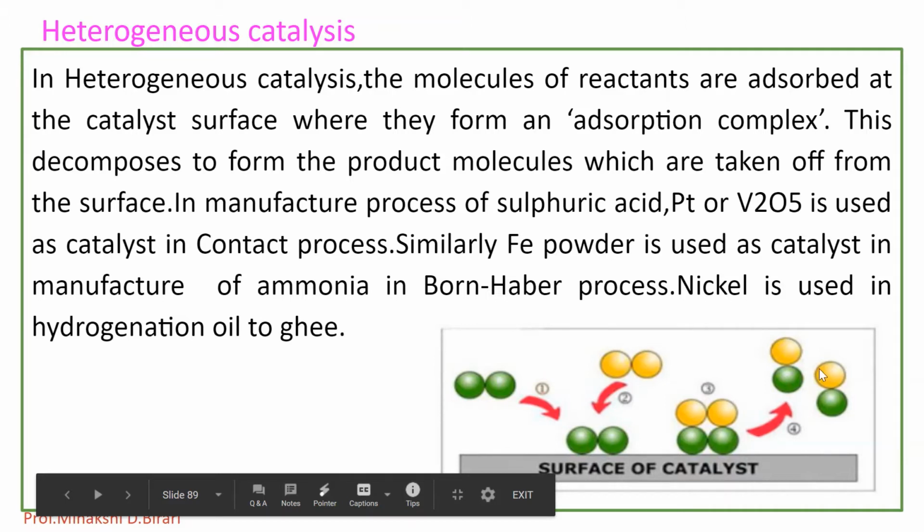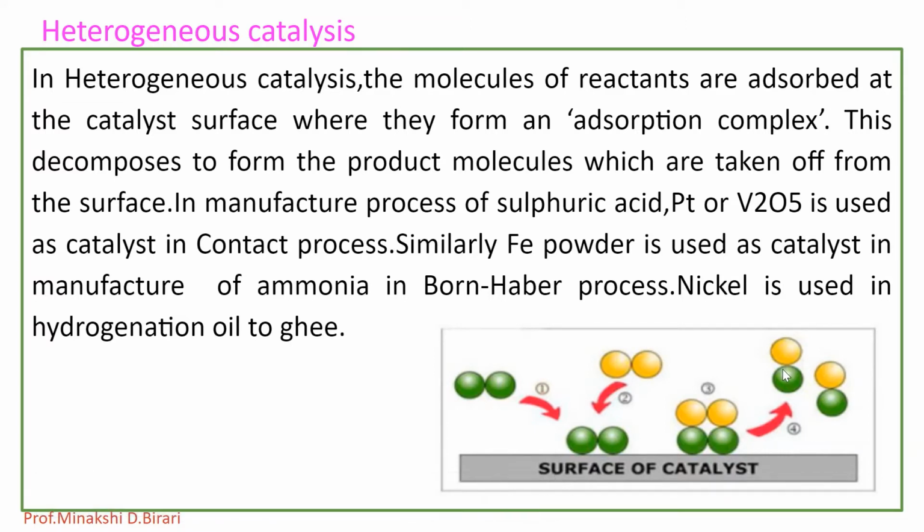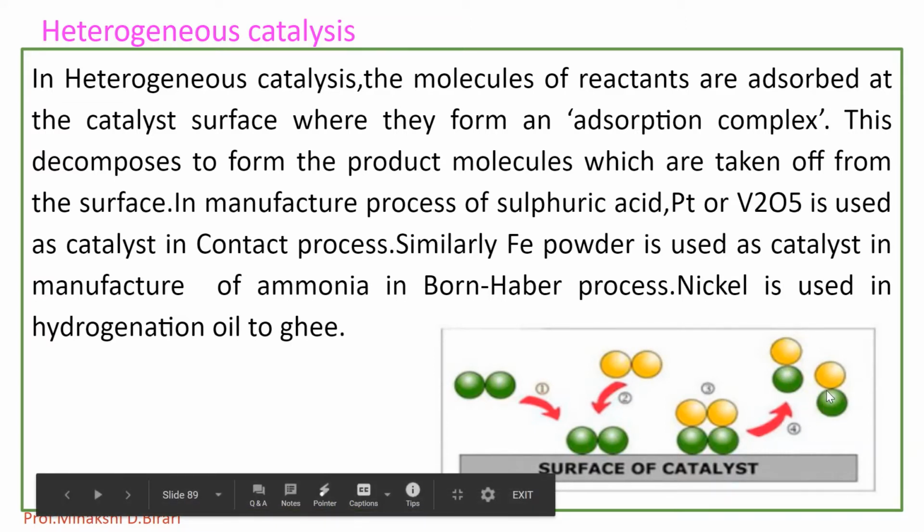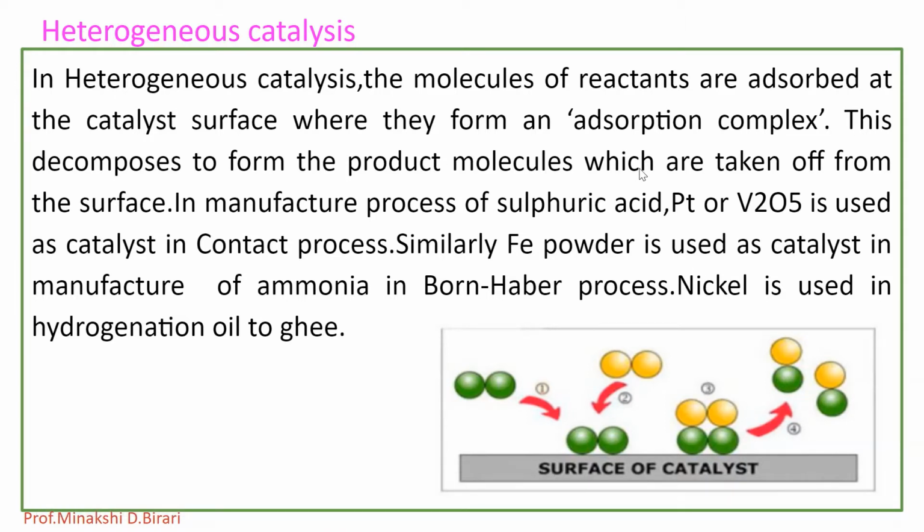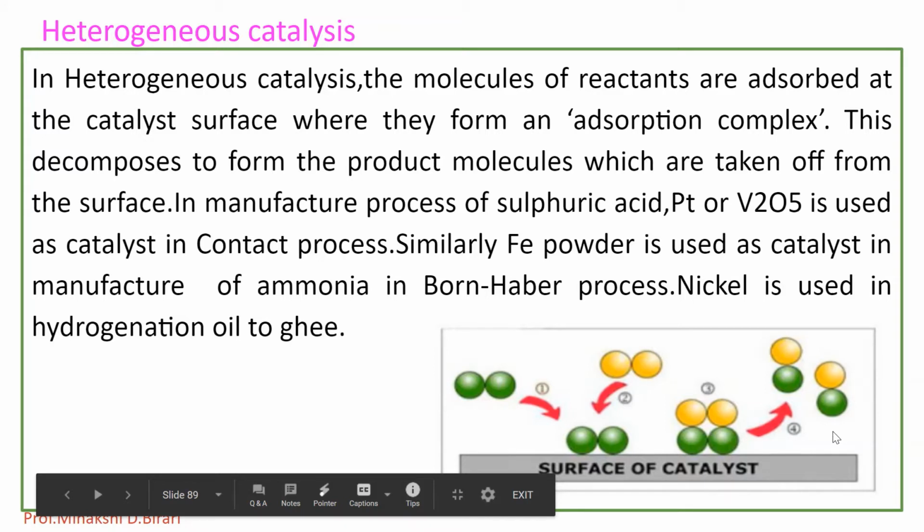Next, the fourth step. Here the product molecules are desorbed from the surface. Diffusion of the products away from the catalyst surface takes place. That means the product molecules are taken off from the surface. So that is the formation of product. The products are stable in the fourth step.